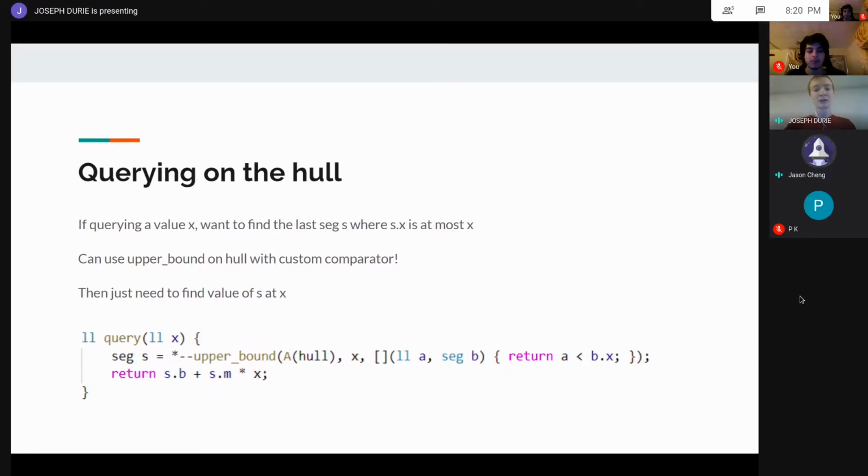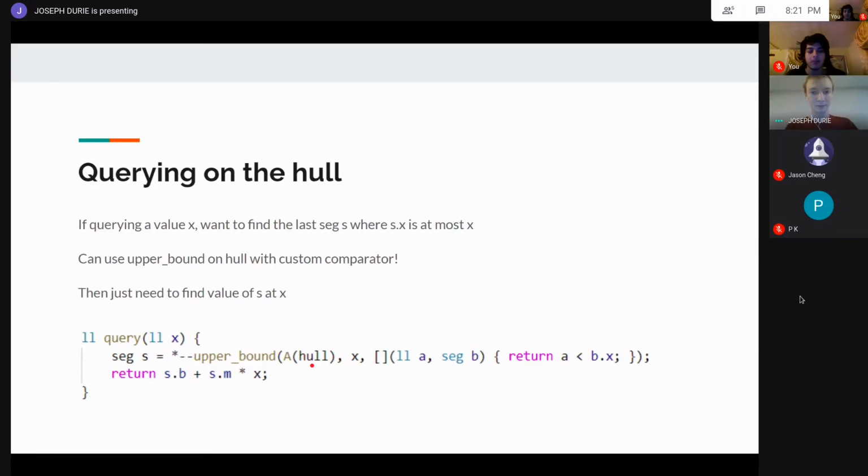Because we have it as a struct, it has all these other values, but we're only looking at the x values. So you're just binary searching for the last x value smaller than you, and then once we have that, you just get the value at that point. Oh yeah, and this is another macro that we like to use, which basically just does hull.begin, hull.end, just to save characters.